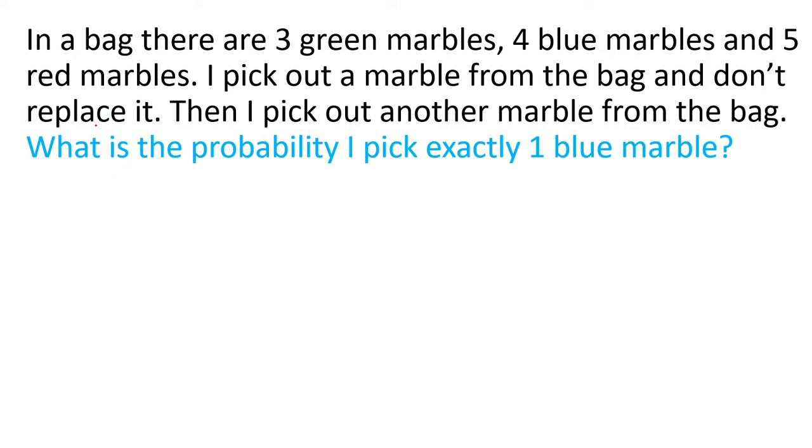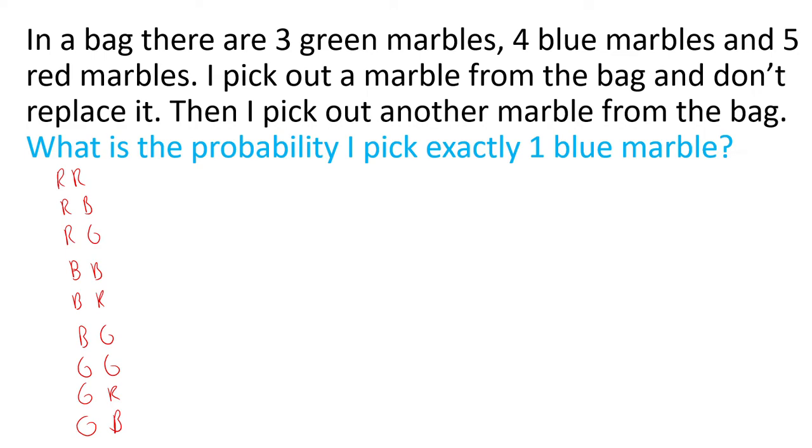So we could have a red and a red, we could have a red and a blue, we could have red and green, we could have blue and blue, blue and red, blue and green, and finally we could have green and green, green and red, green and blue.